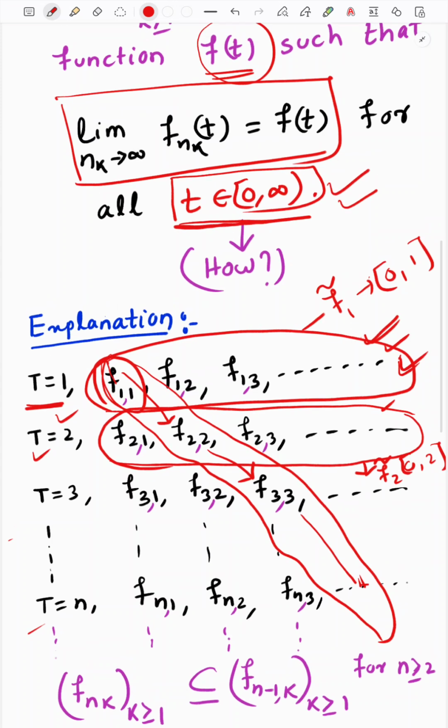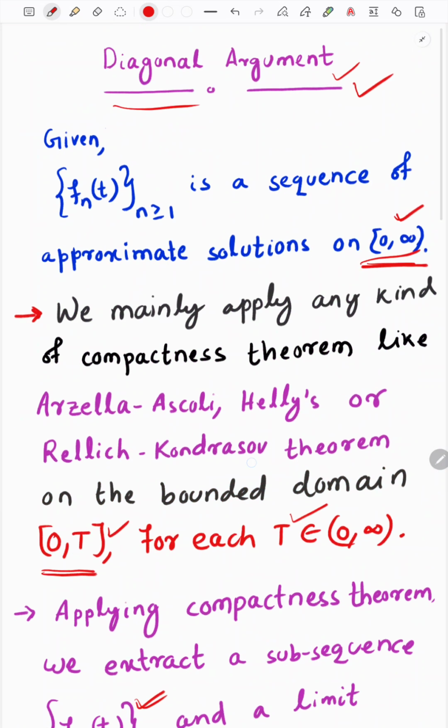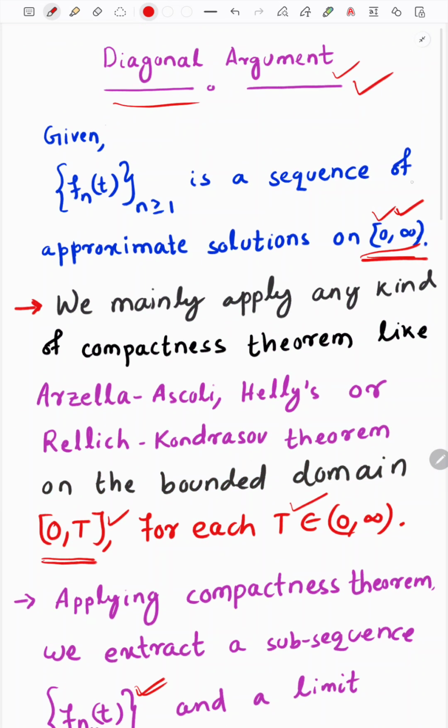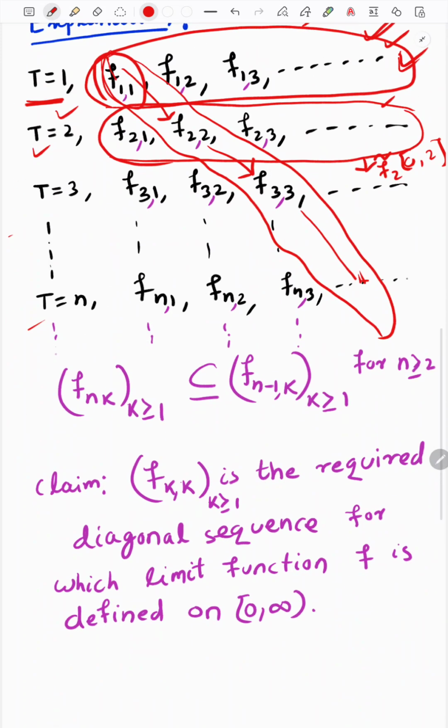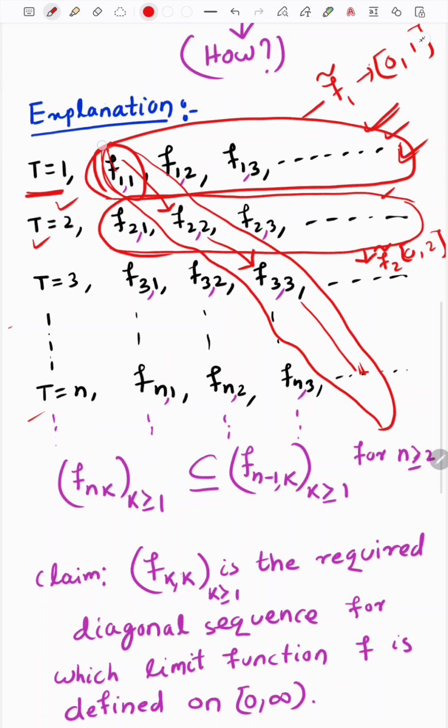And I want to emphasize that here the functions f_n are already defined on the unbounded interval 0 to infinity. Therefore, we can extract this type of sequence. Definitely, to extract the diagonal elements, the axiom of choice is certainly used, and without the axiom of choice we cannot apply the diagonal process argument.